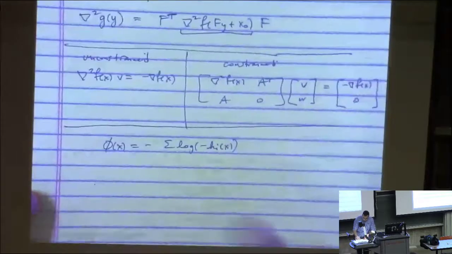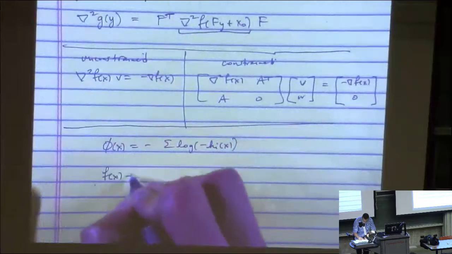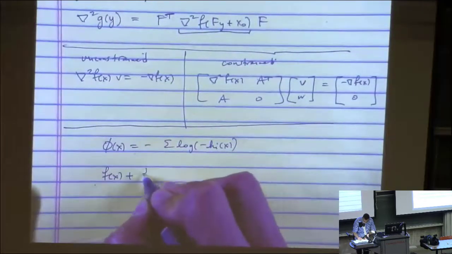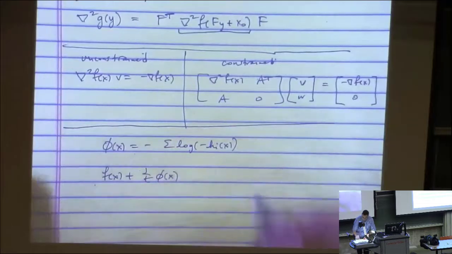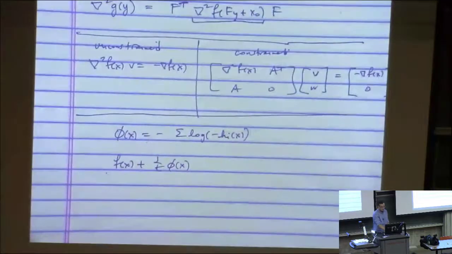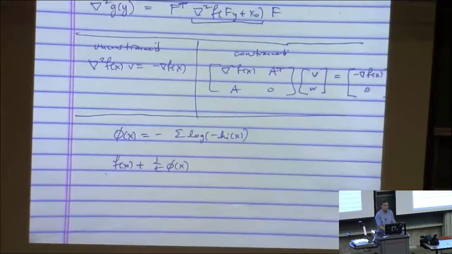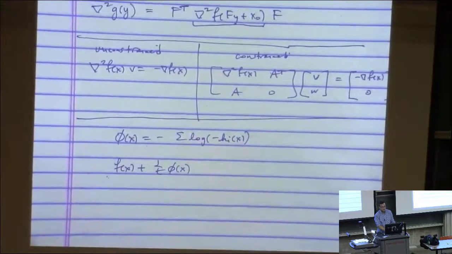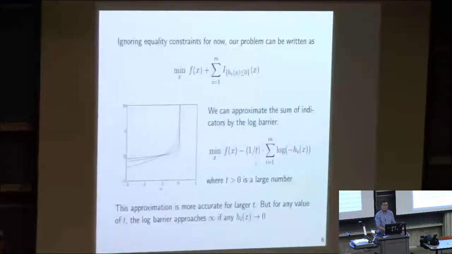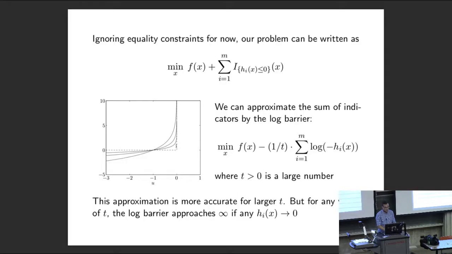And if I were to multiply phi by 1 over t, which is what I'm doing here, this is just f of x plus 1 over t times phi, where t is some very large number, then that's giving me a smooth approximation to this problem, which is equivalent to having the h_i's as inequality constraints. And the larger the t is, the more accurate this approximation is, because for very large t I'm really only smoothing the indicator a little bit. That's the motivation for that function.